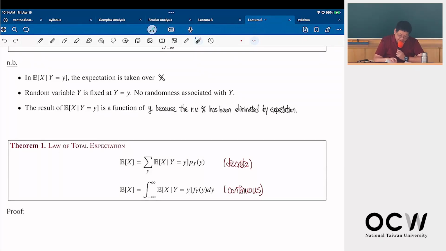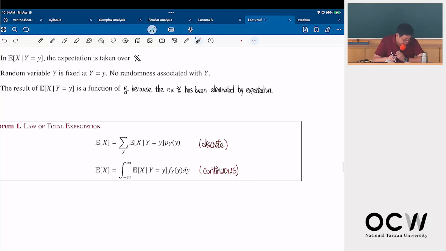For the discrete case, I take the conditional expectation, and finally this will be a function of y. Then you multiply by the PMF of y, and sum y out. That will be the expectation of x.